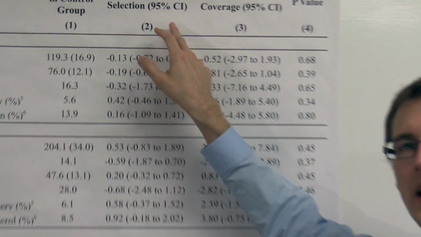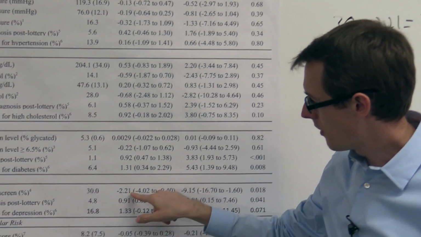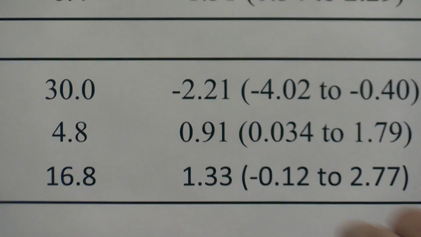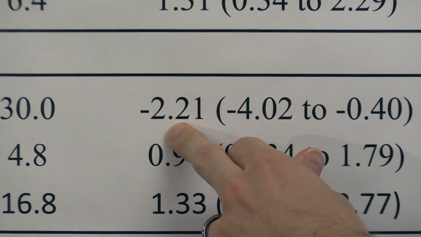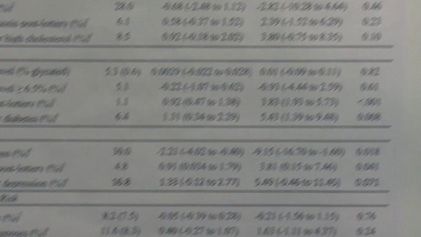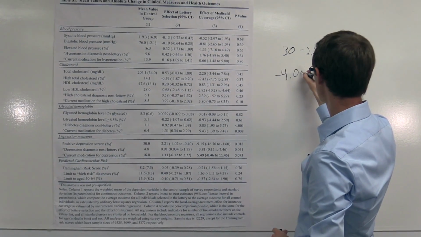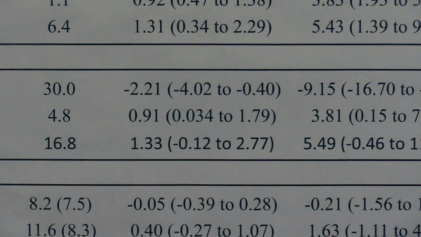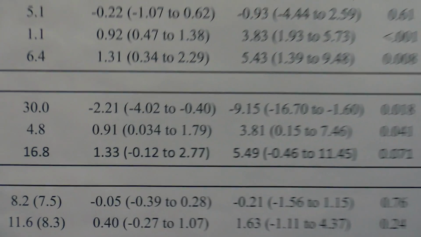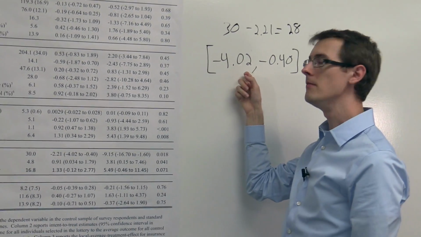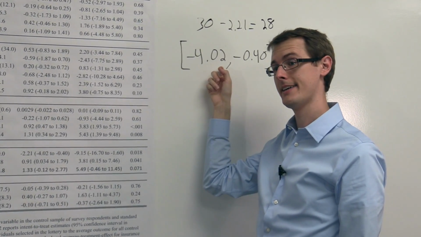Okay, so let's talk about how we interpret these. So here we've got the 95% confidence interval for the average treatment effect of having Medicaid on positive depression screen. So here's the interval, minus 4.02 to minus 0.40. The first thing you ask with confidence intervals is, is 0 in the interval? No. It's not.